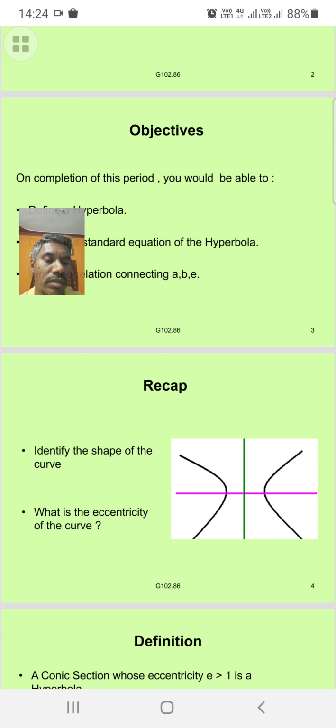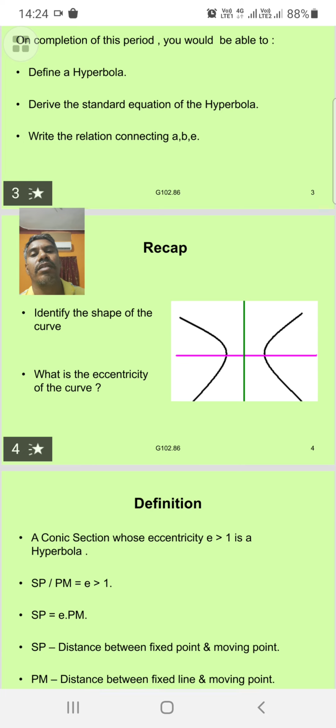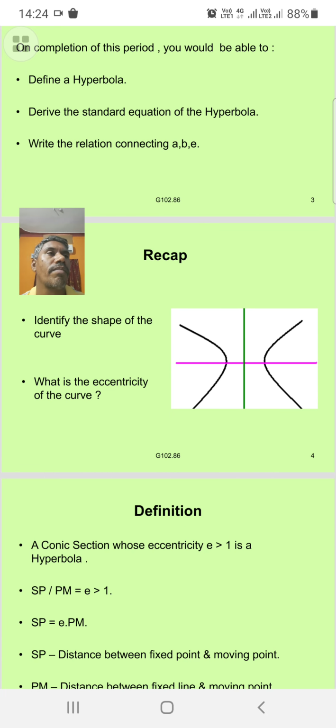For all three conic sections, we have only one formula, a unique formula. So in the examination, there is a chance of a question, because this formula is useful for parabola, ellipse and hyperbola.